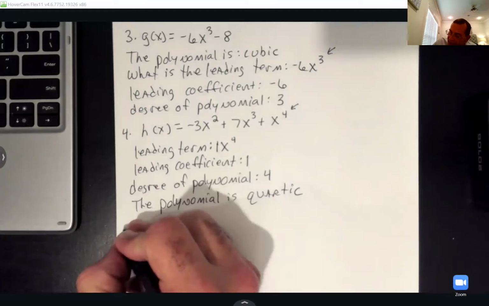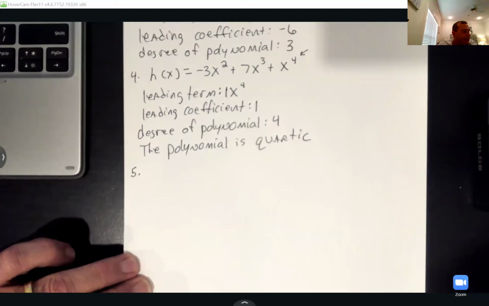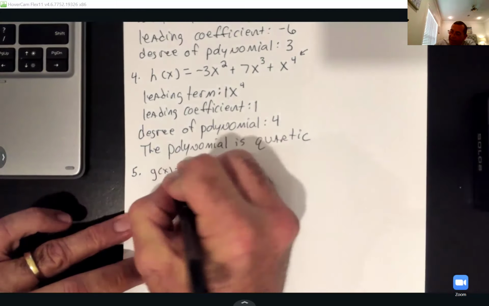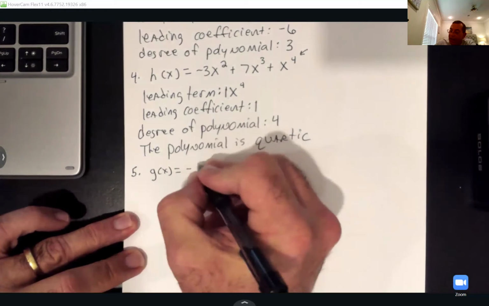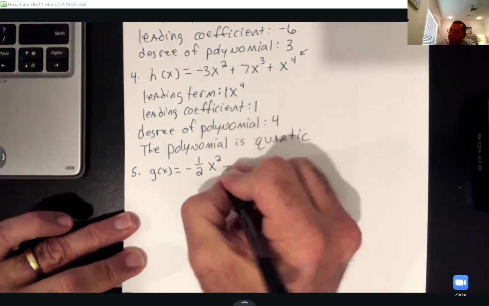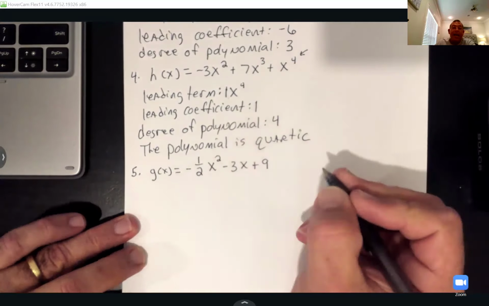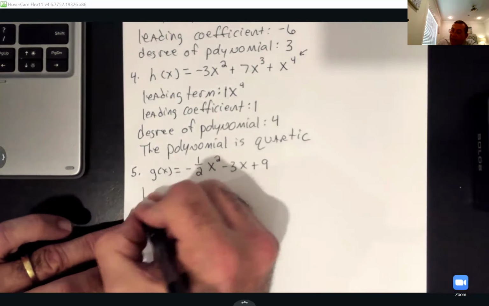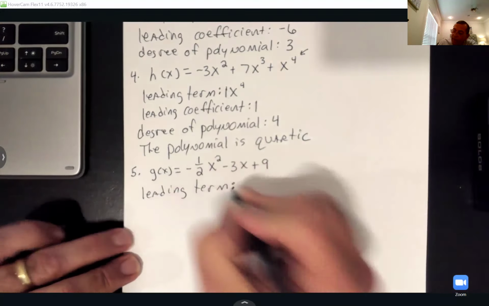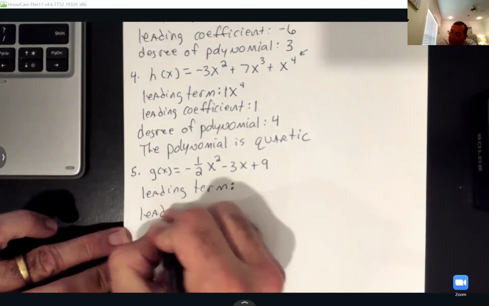All right, so 2 more of these, and that'll be everything on this section. All right, ooh, they're doing a tricky one here. g of x equals -1/2 x squared minus 3x plus 9. So the first thing, leading term. So y'all figure out the leading term, and then they're going to want the leading coefficient.